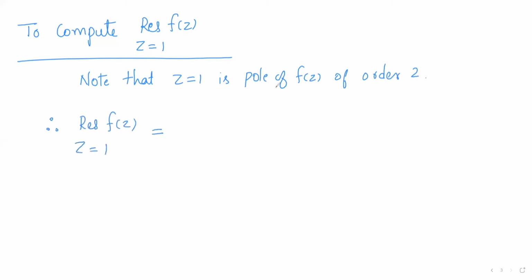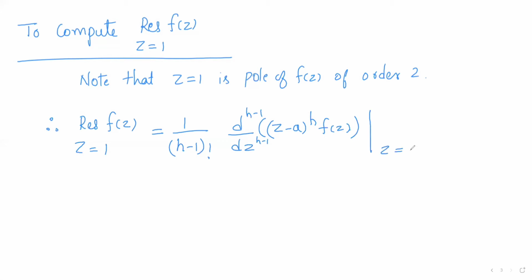So the formula is 1 divided by h minus 1 factorial into differentiation of z minus a whole to the power h into f of z, h minus 1 times, at z is equal to 1. So a is nothing but 1. So just recall the formula.